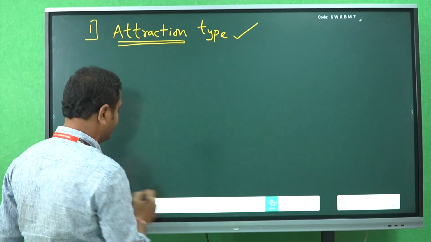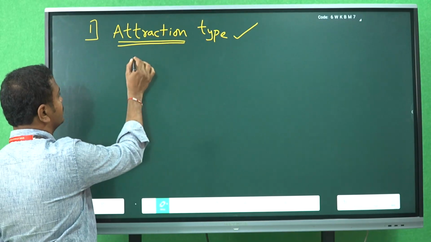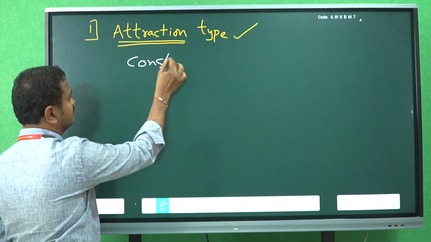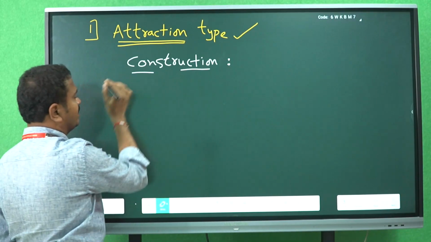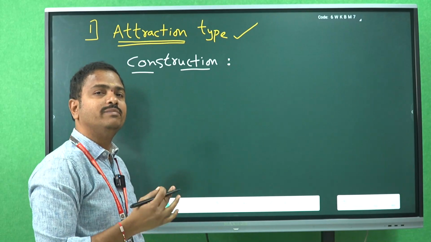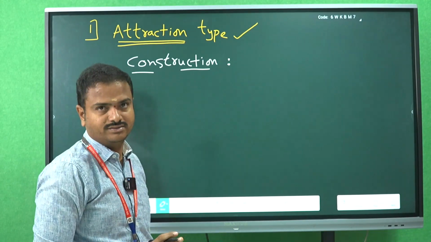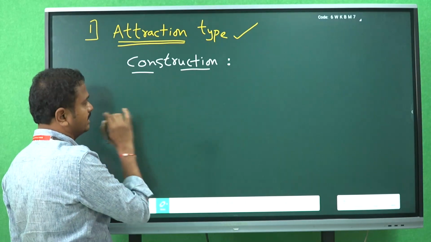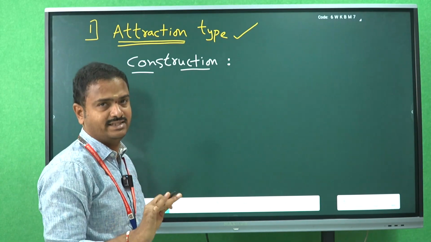So, attraction type moving iron instruments. Coming to construction, first of all, what is the aim of attraction type instruments? These instruments should measure the instantaneous values in a particular circuit. So construction. Any indicating instrument basically requires three systems.